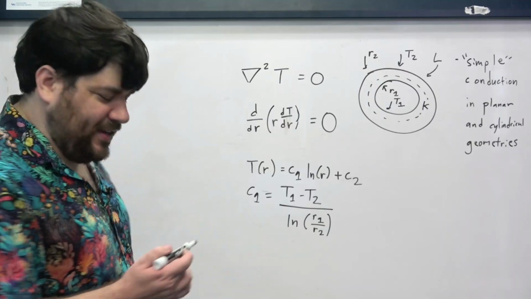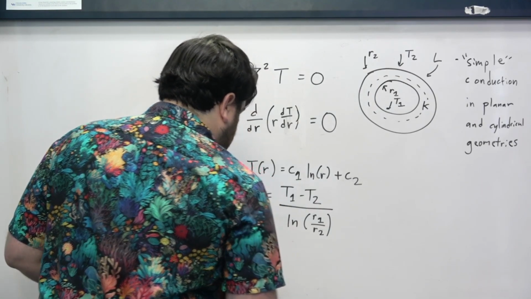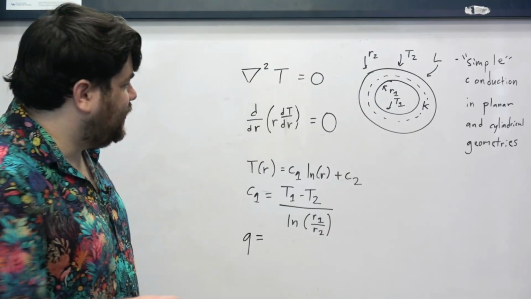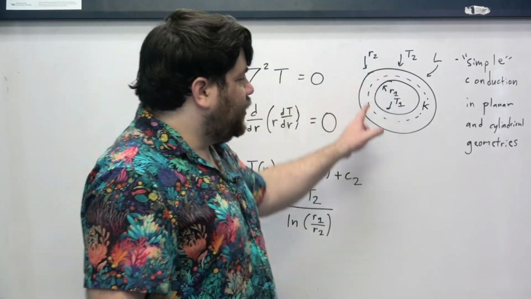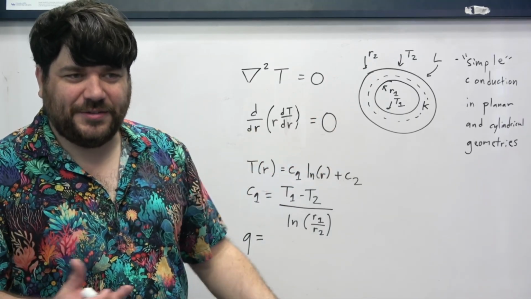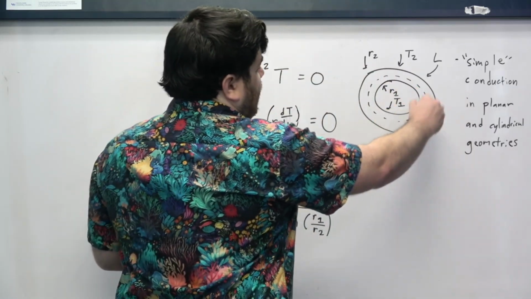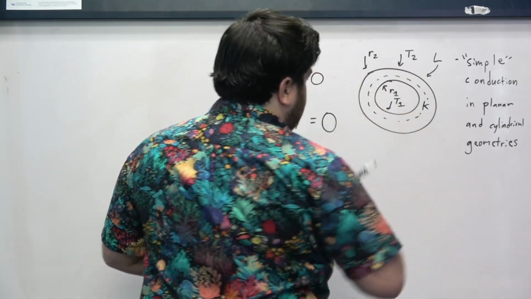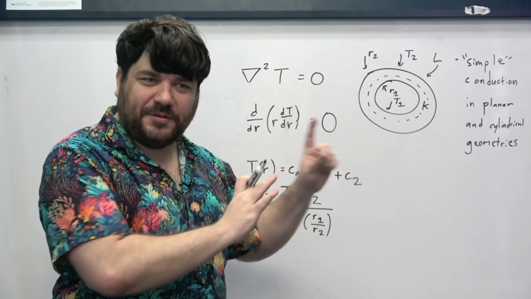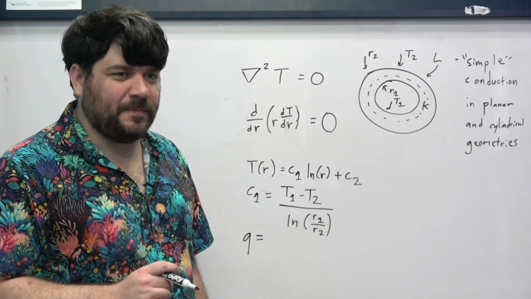So how do we find that? Well, Q, as before, is just equal to whatever the cross-sectional area of this little chunk of cylinder is, right?